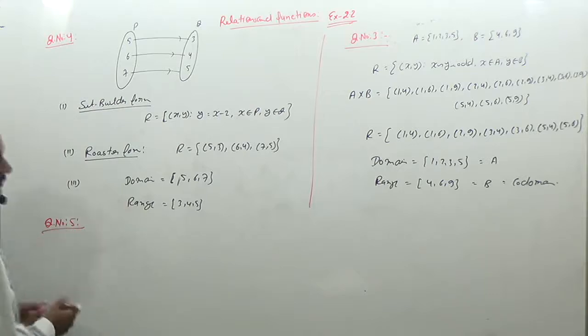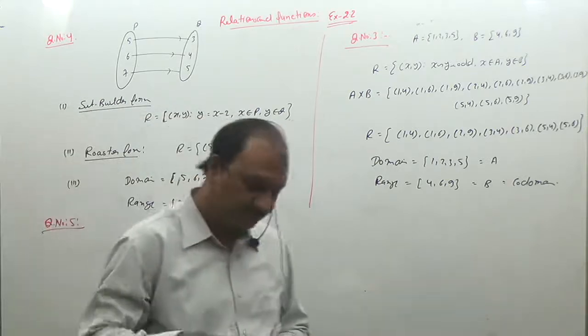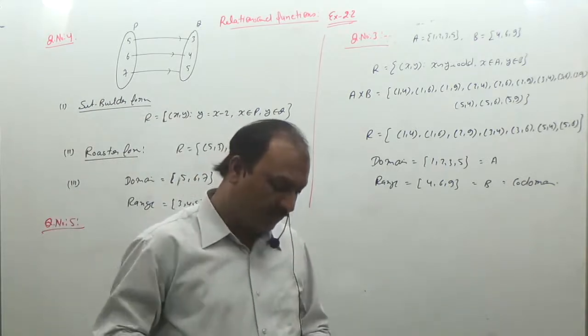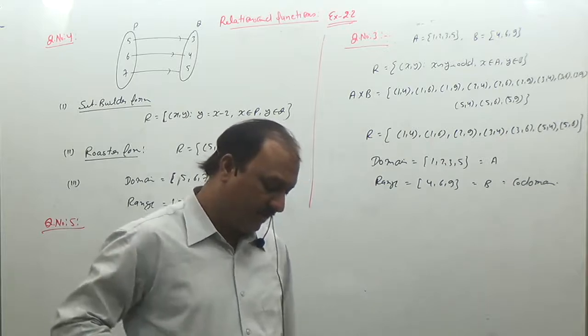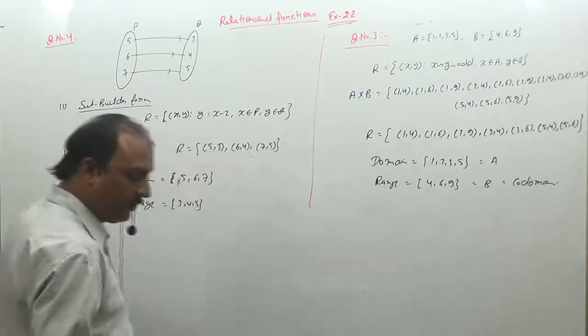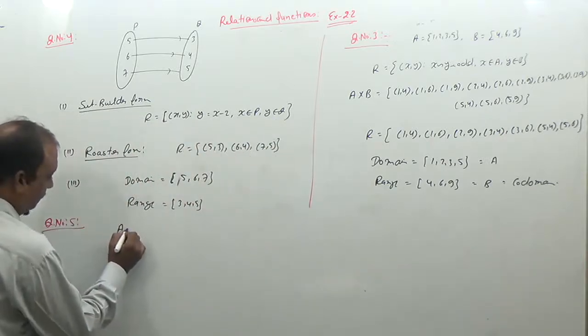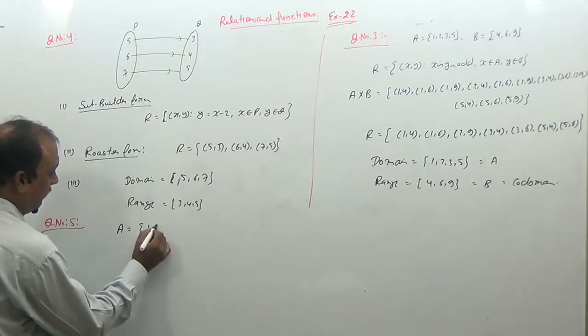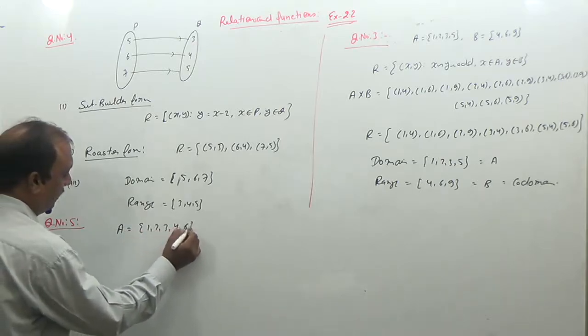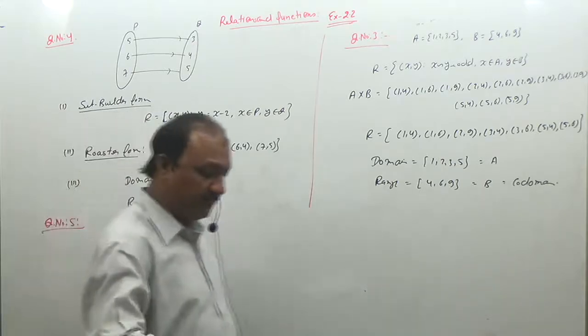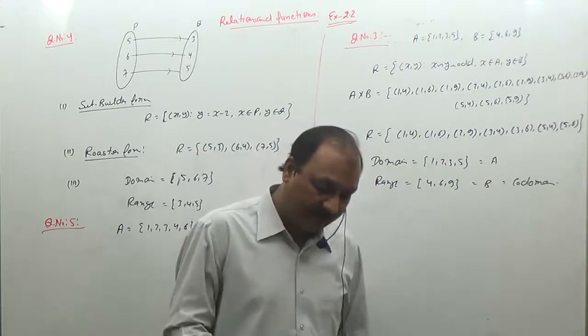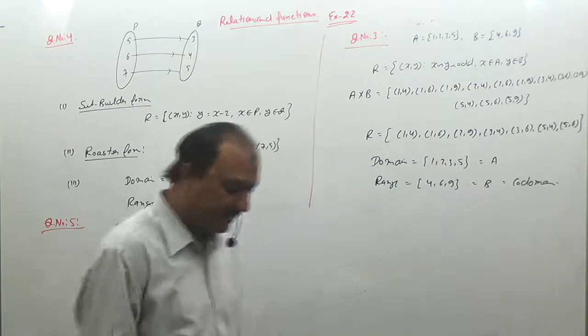Next is question number 5. In this question it is given that a set A is 1, 2, 3, 4 and 6, so there are 5 elements in the set A. Let R be the relation defined as this one.